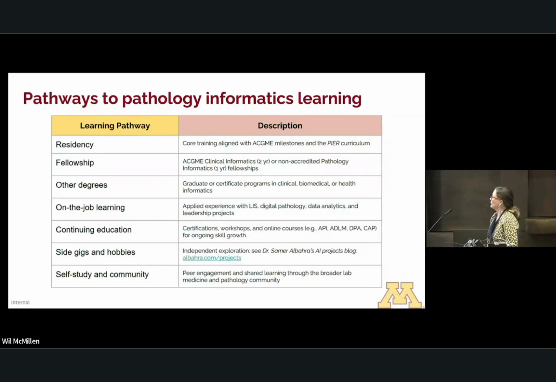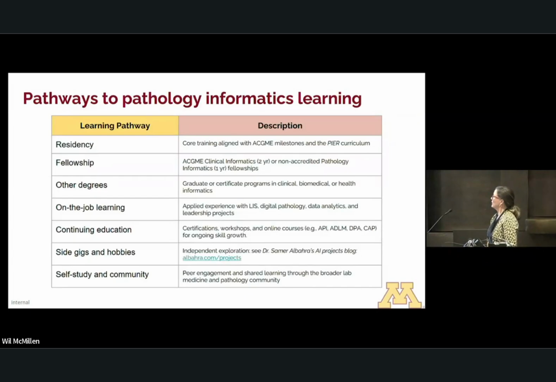There's also an increasing number of continuing education modes, including major professional societies offering an increasing number of certifications, workshops, online courses. If you like technology anyway, or just like fixing problems, side gigs and hobbies can be a great way to strengthen that.